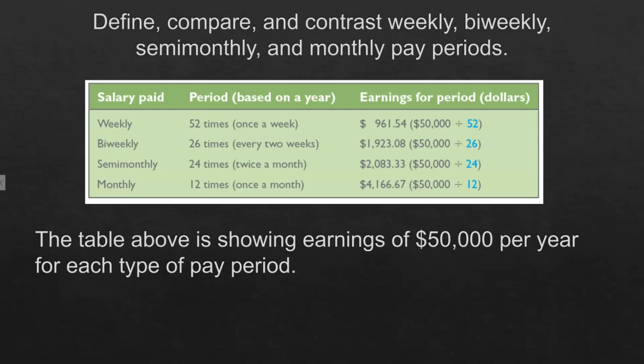If you can see here, it's showing 50,000 divided by 52, so it would be a weekly amount of 961.54, and so on. So the number of times you're paid each month can make a difference on how you do some things, and we're going to be talking about that as we go through this lesson and in fact the next lesson.